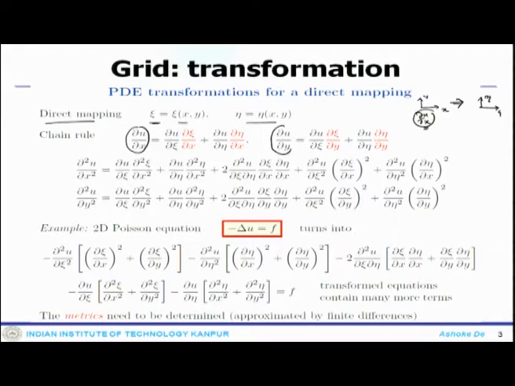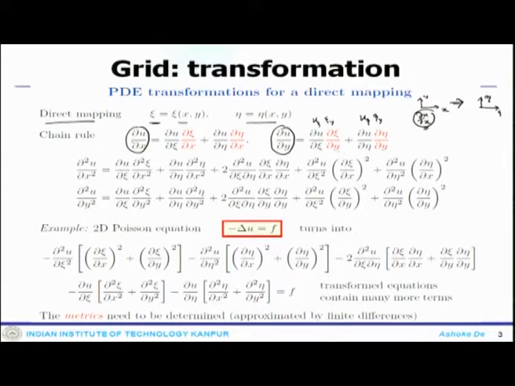Similarly, del u by del y is also a function of xi eta: del u by del xi times del xi by del y, plus del u by del eta times del eta by del y. So, essentially one can write u xi, xi y, u eta, eta y; these are some notations one can use.